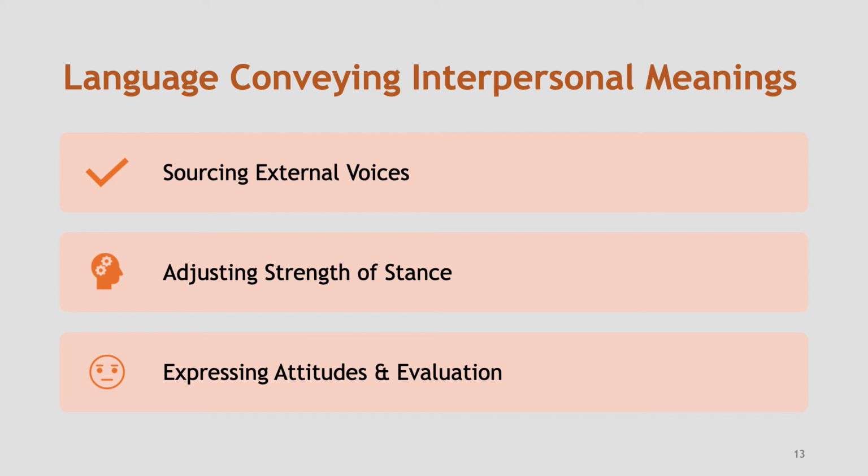In week 7, we already talked about citation and quotation as a way to find the sources of external voices supporting your arguments, like your opinions or the stated facts in your essay. And you may also want to adjust the strength of stance using modality. Okay, this is what we are going to talk about in a minute.